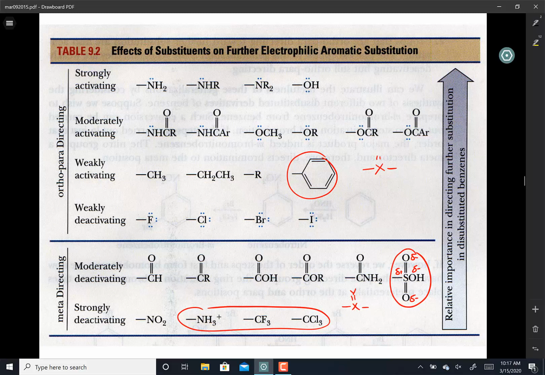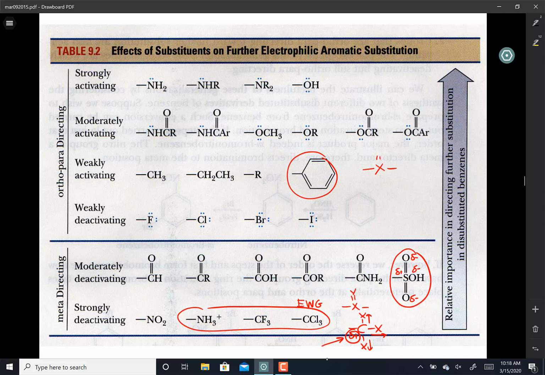You might say, well, why are CF3 and CCl3 deactivating? And quite honestly, that's because when you have a halogen attached to the carbon, all of those electronegative elements make that carbon very delta positive. And so that very delta positive carbon is going to pull electron density out of the ring. So these are all going to be electron withdrawing groups, and they're fairly significant.